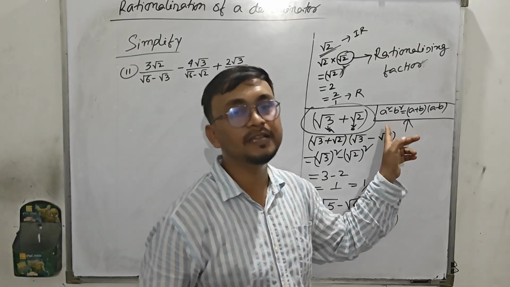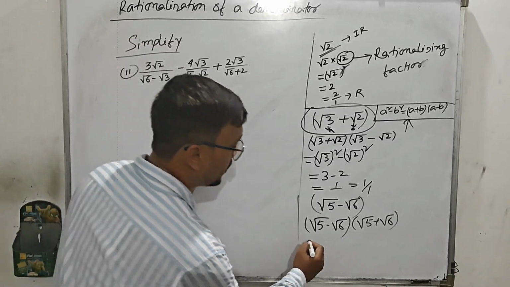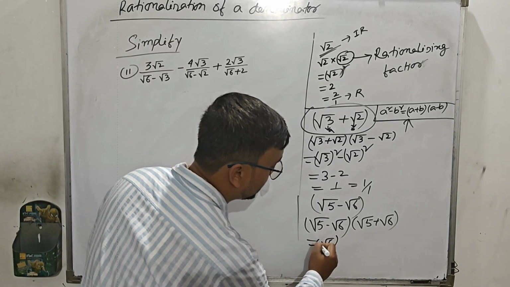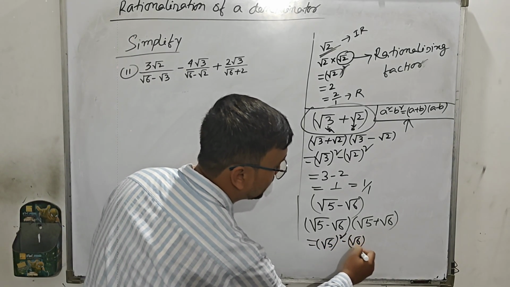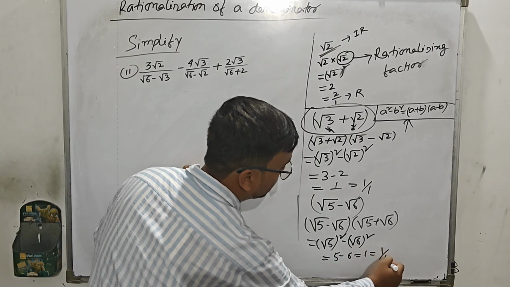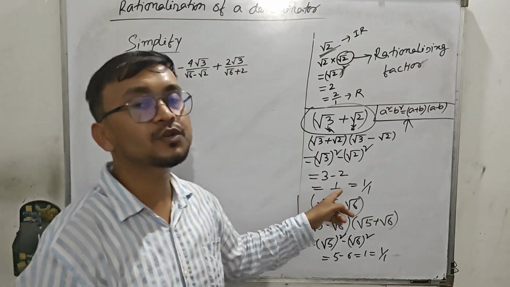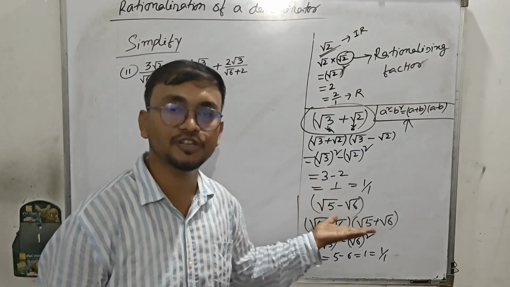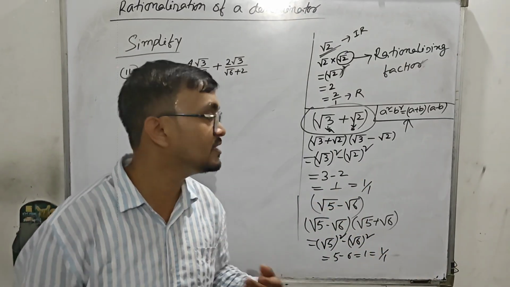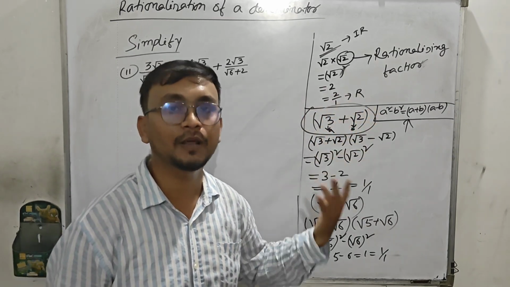Somehow we need to achieve this formula of a square minus b square. Now see what will happen. This will be root 5 square minus root 6 square. That gives you 5 minus 6, again 1. Remember one thing, it is not mandatory that we always get the answer as 1. It can be any rational number. Our main focus is to remove the square root sign from the number by doing some calculation.